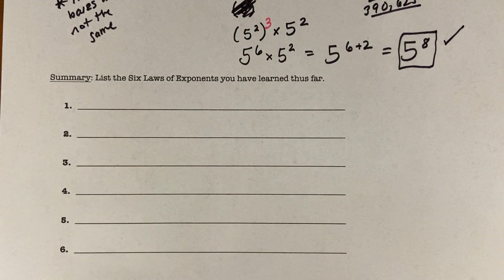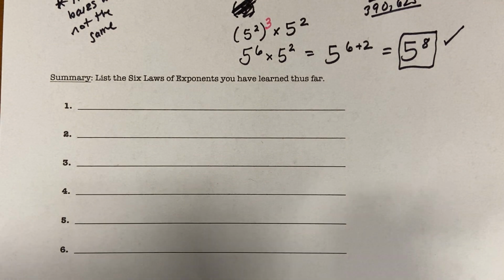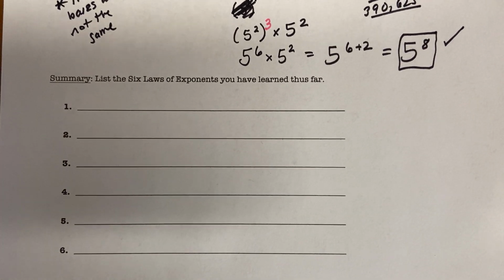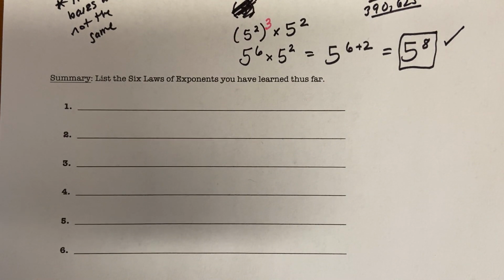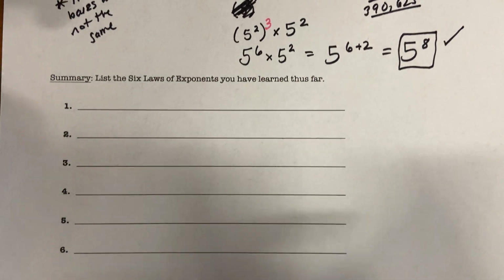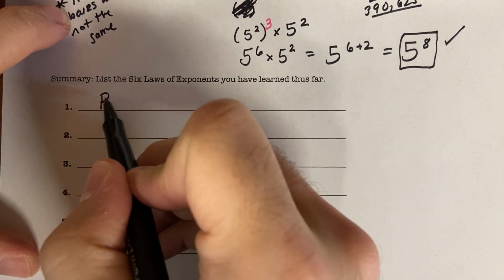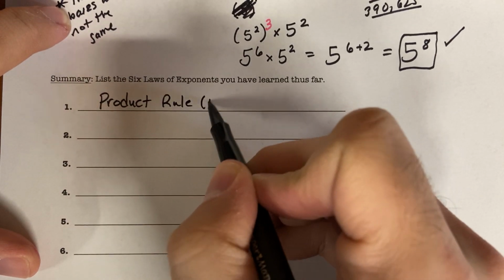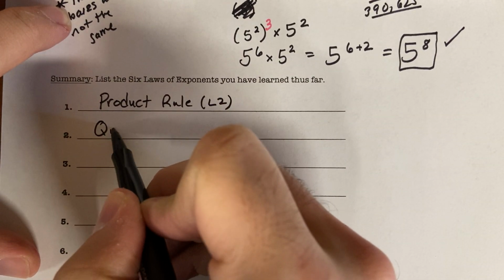So just to recap the 6 rules that you should know for this unit, we've had 4 lessons, and we've had 6, I guess you want to call them laws or rules. In lesson 2, we talked about the product rule and the quotient rule.